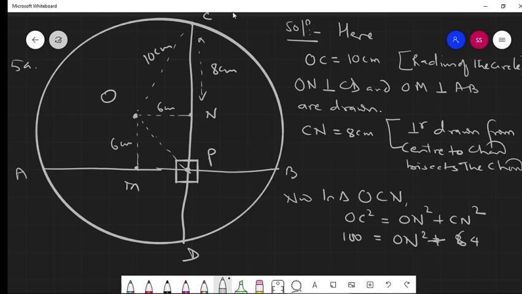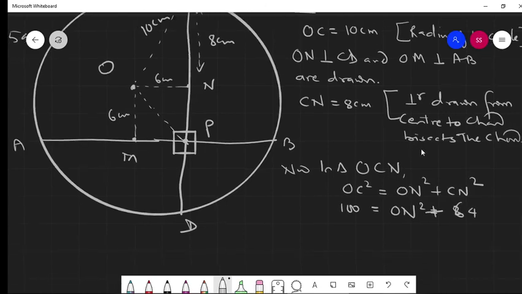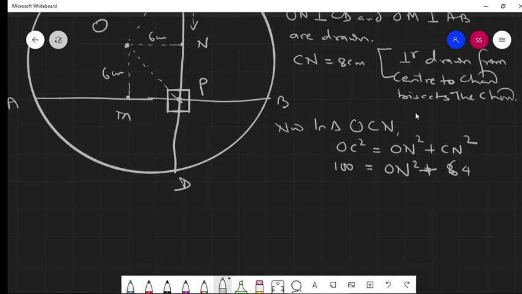ON square is 36. Therefore, by solving this, you will get ON equal 6 centimeter. Again, this is 6 centimeter. That's why OM is also 6 centimeter.